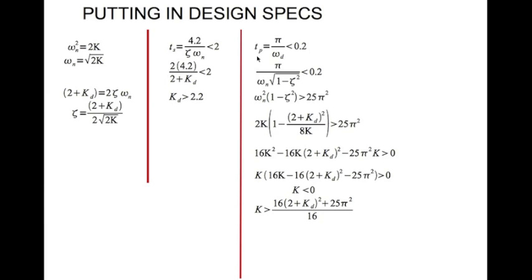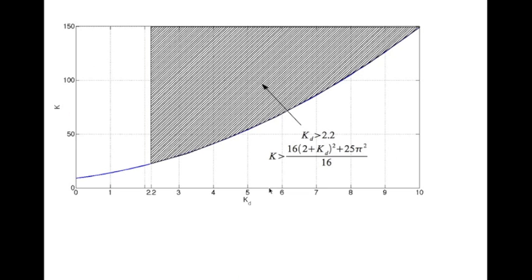Now if you plot this on a kd-k plot, with kd on the x-axis and k on the y-axis, this is how it will look. Kd should be greater than 2.2, and this constraint is given by everything that's above this curve.